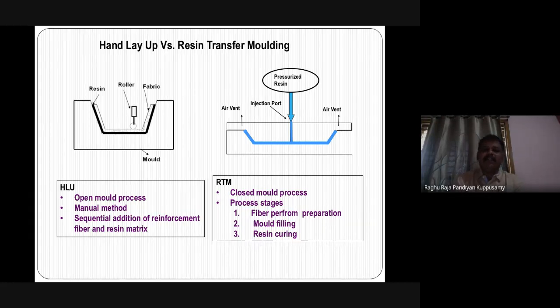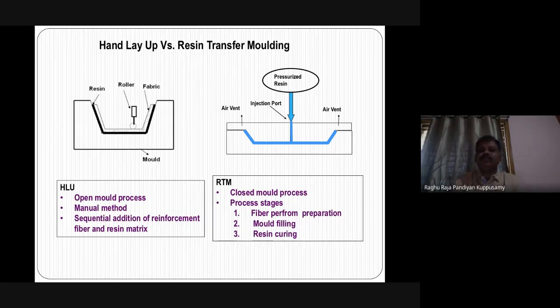The hand layup method is a very manual, open mold process. It is very simple: the product is manufactured by sequential addition of reinforcement fiber and resin matrices, and we can apply temperature to cure the resin. The cured composite part can be extracted from the mold very easily, with everything done manually.